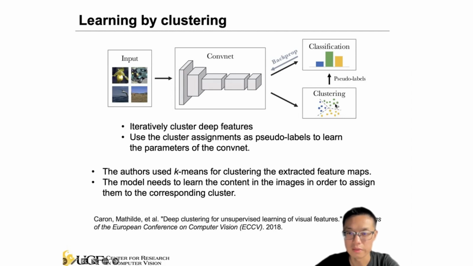Then each of the clusters can be considered a pseudo label. You don't have to specify what class that is. It's not necessary, but since you have k classes, you can designate a label for each of these data points. For this particular cluster you can label it as class 1, this one class 2. This is the pseudo label generated by clustering.